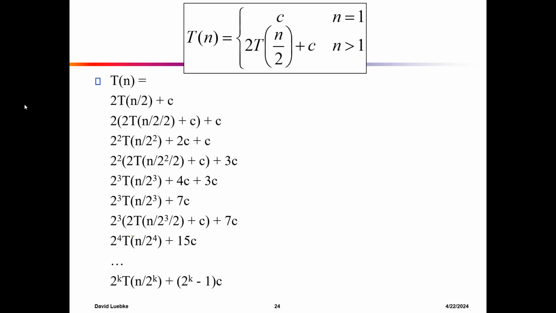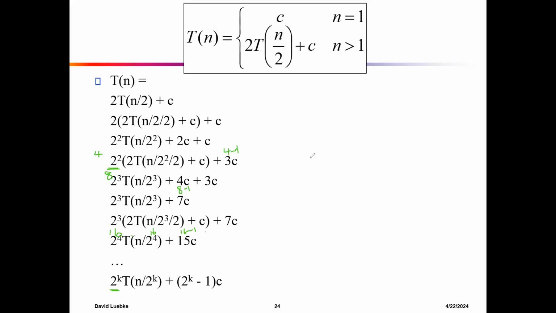Here, this is 2 squared, which is 4, so this is 4 minus 1. This here is 2 to the power of 3, which is 8, so this is 8 minus 1. This is 2 to the power of 4, which is 16, the denominator is 16, so this is 16 minus 1. So if we're using k, we have 2 to the power of k here, and this will be 2 to the power of k minus 1 times c.